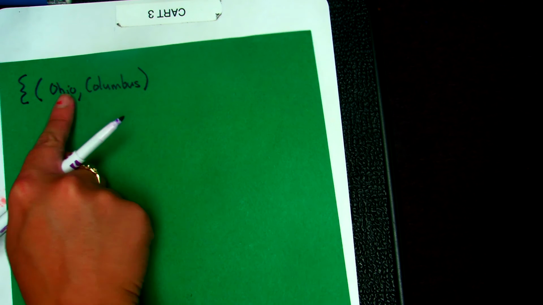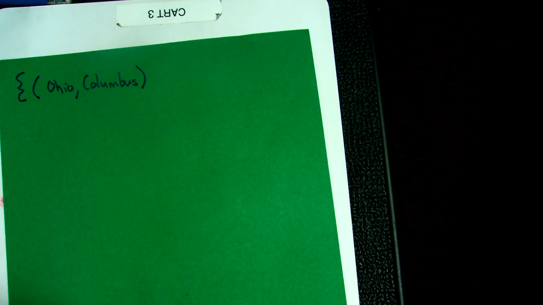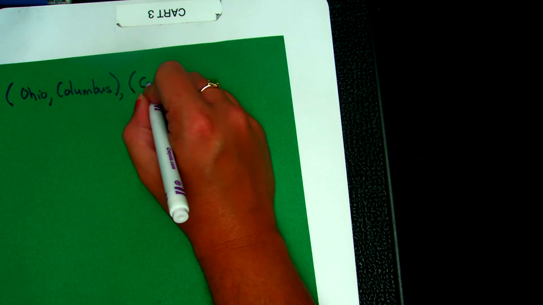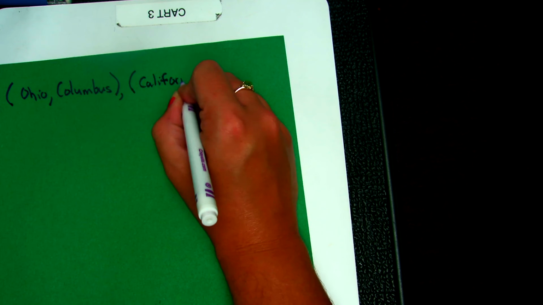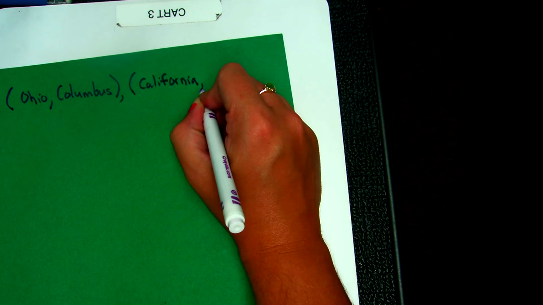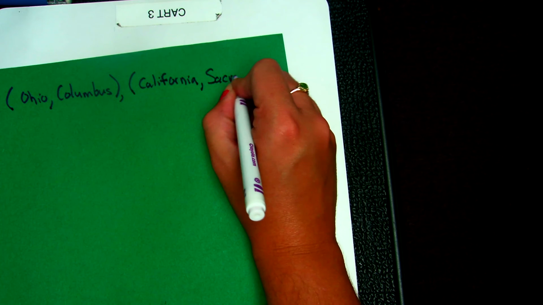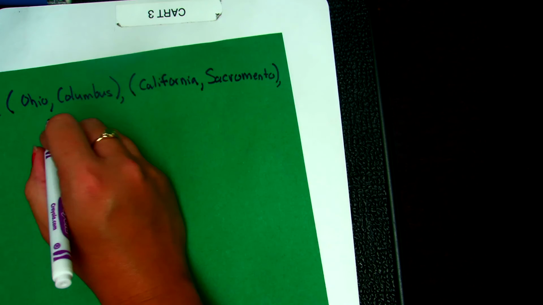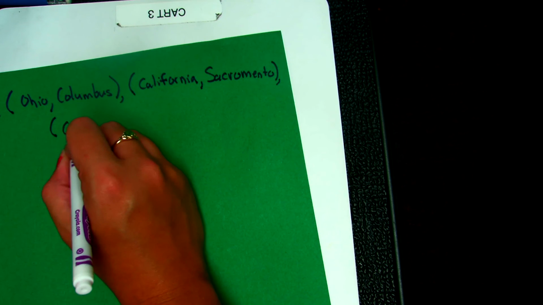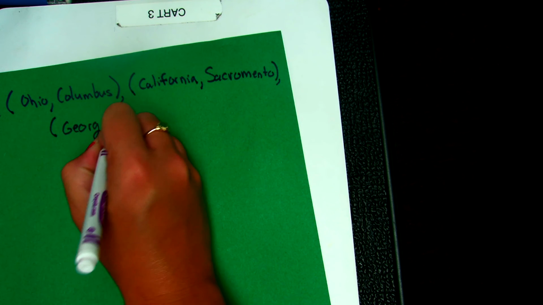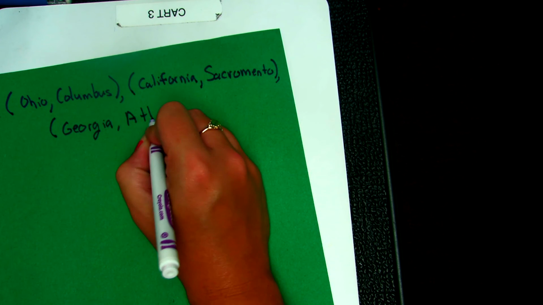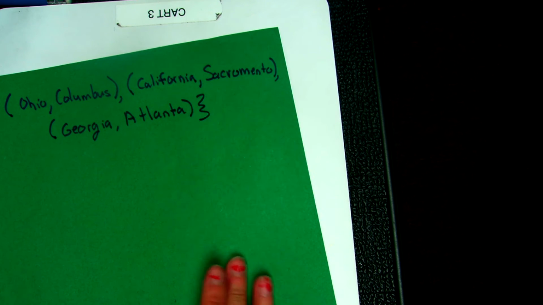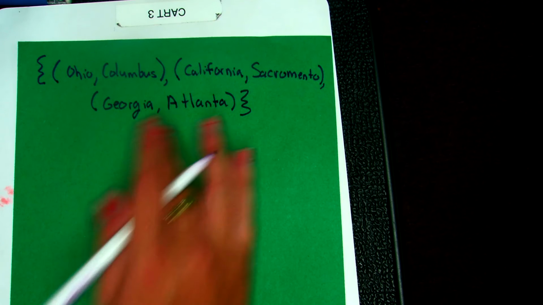Another ordered pair in this relation can be (California, Sacramento). My next ordered pair is going to be (Georgia, Atlanta). And then I close my set. So now I have a set of ordered pairs, which means I have, by definition, a relation.